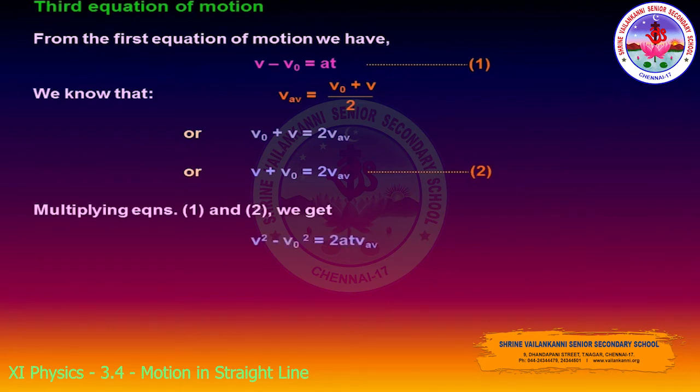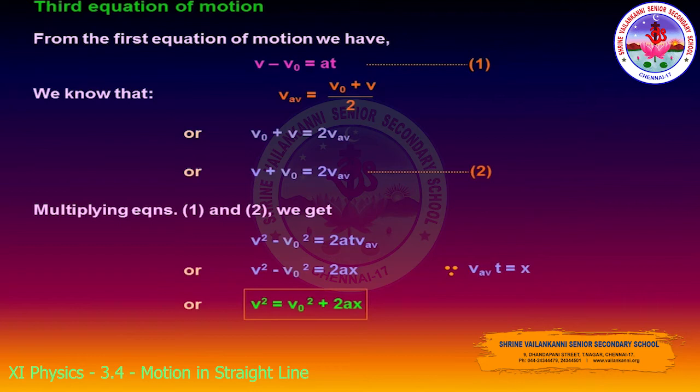Multiplying equations 1 and 2, we get v square minus v naught square equals 2at into v average, or v square minus v naught square equals 2ax, because v average times t is equal to x, the distance.